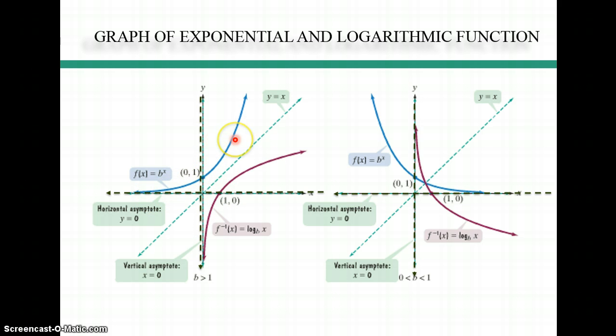The exponential function and logarithmic function are inverse function. Here the exponential function b to the x, and this is the logarithmic function log base b of x, where b is greater than 1, b is less than 1 and greater than 0.